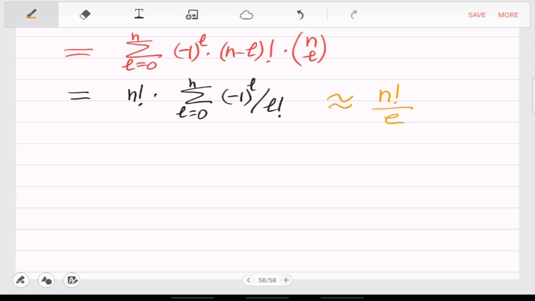Amongst all possible ways to put envelopes, 1/3 are derangements, right? So there is a 1/3 probability, in fact more probability, that every letter will be misposted, right? This you cannot guess in advance unless you do this calculation. Any questions?